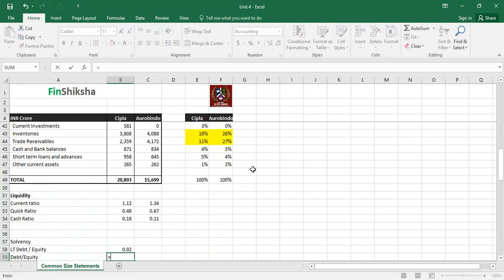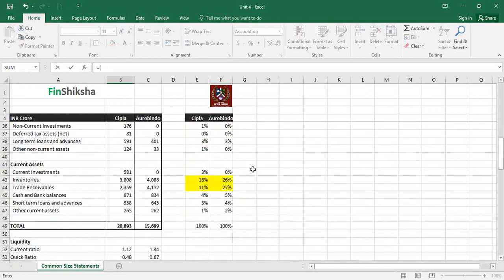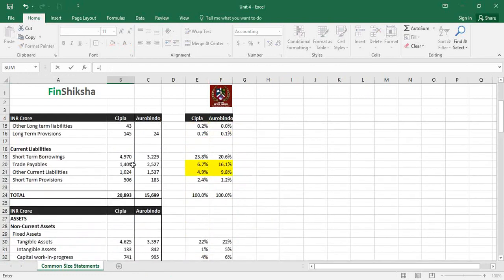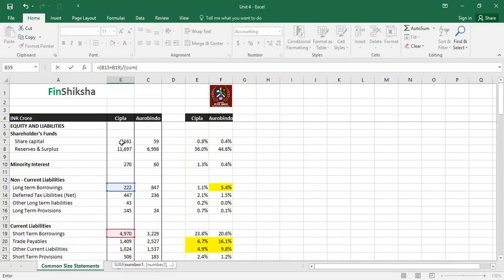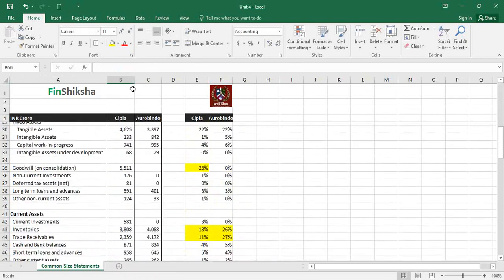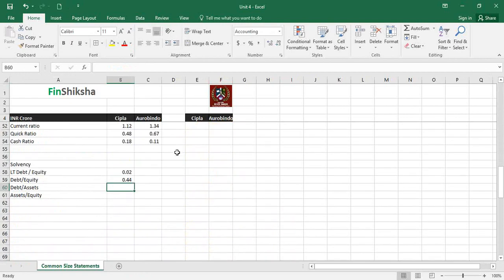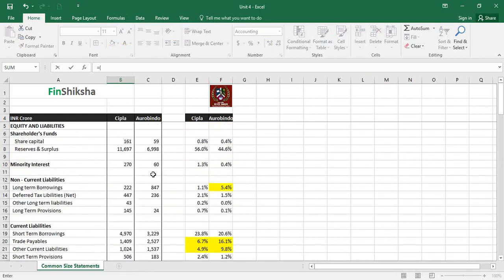Debt by equity is total debt. So we have to add the long-term ones with the short-term borrowings, correct? And divided by the sum of these two, right? I have put one extra bracket. I'll remove that, and that comes as debt by equity. Debt by assets is the sum, or I'll just add the long and short term.